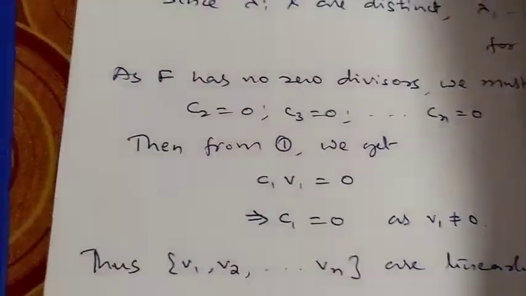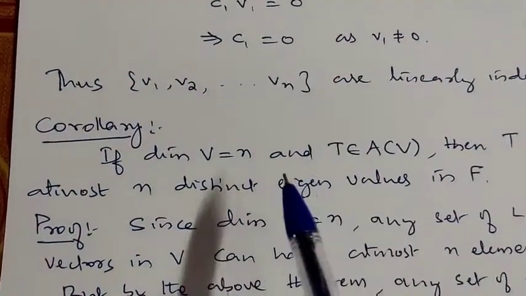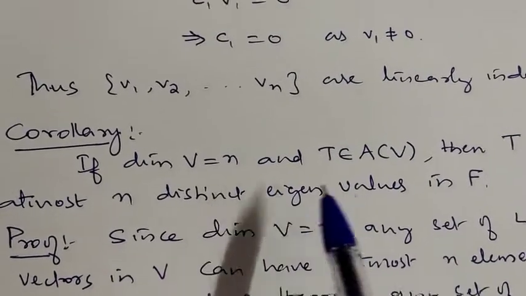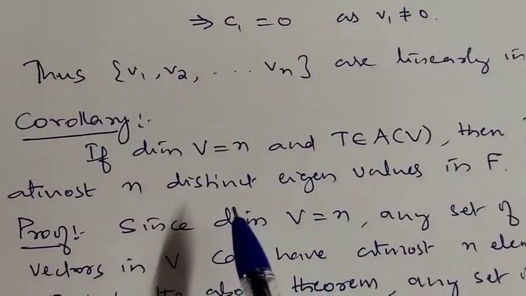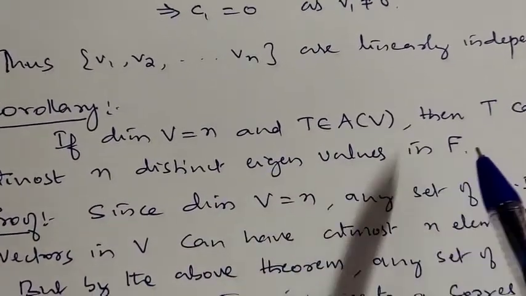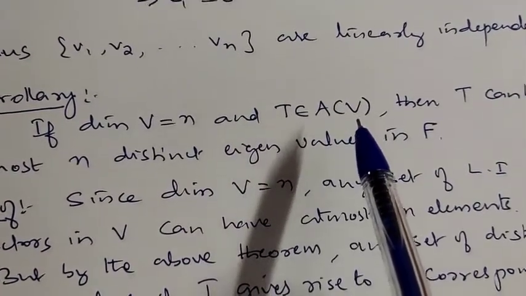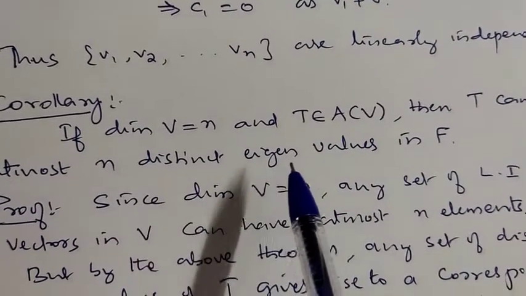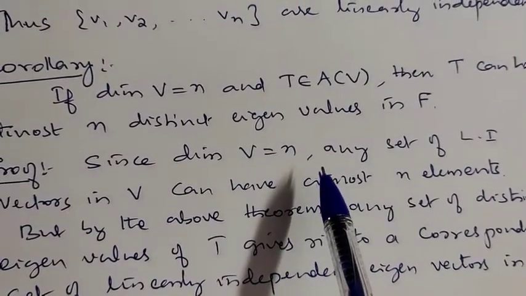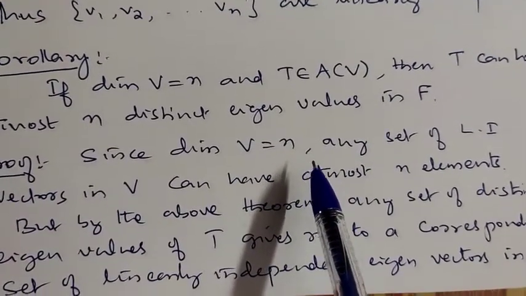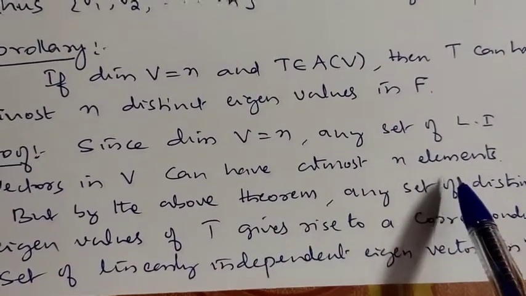Now this result has two important corollaries. So corollary one says, look here: if the dimension of V is equal to n and T belongs to A of V, then T can have at most n distinct eigenvalues in F. If the dimension of the vector space is n and T is an operator on V, then T can have at most n distinct eigenvalues in F. Now since the dimension of V is n, any set of linearly independent vectors in V can have at most how many elements? n elements.